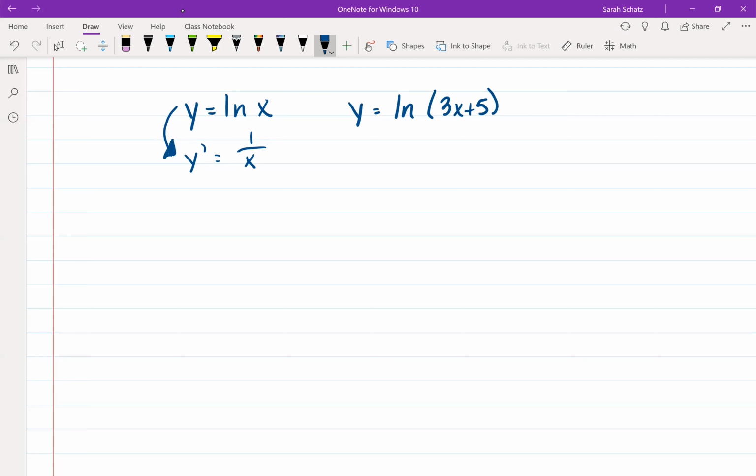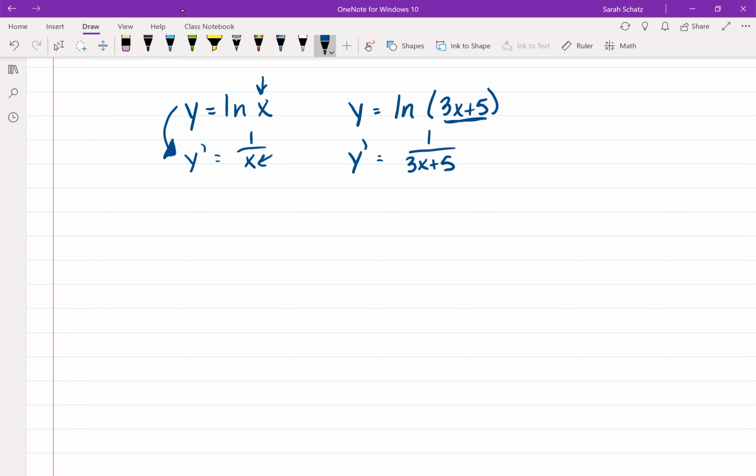I have to use the natural log rule for derivatives first, and then I can deal with this part at the end with the chain rule. So remember, you have the natural log of something, it becomes 1 over that thing. So in this case, I have the natural log of 3x plus 5. It will become 1 over 3x plus 5.